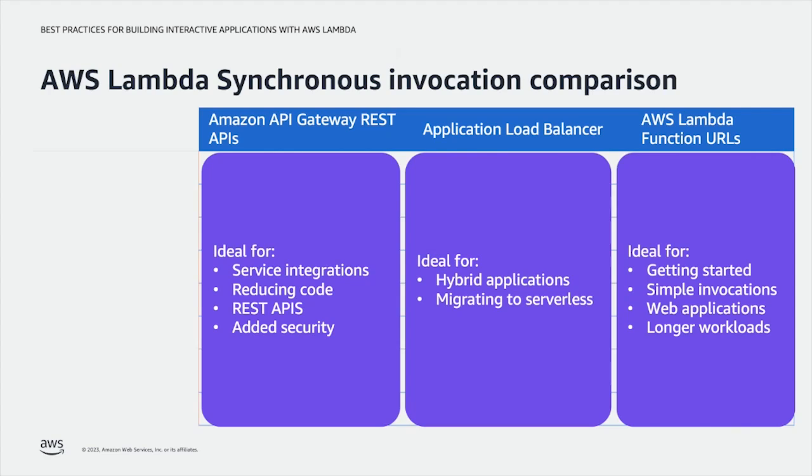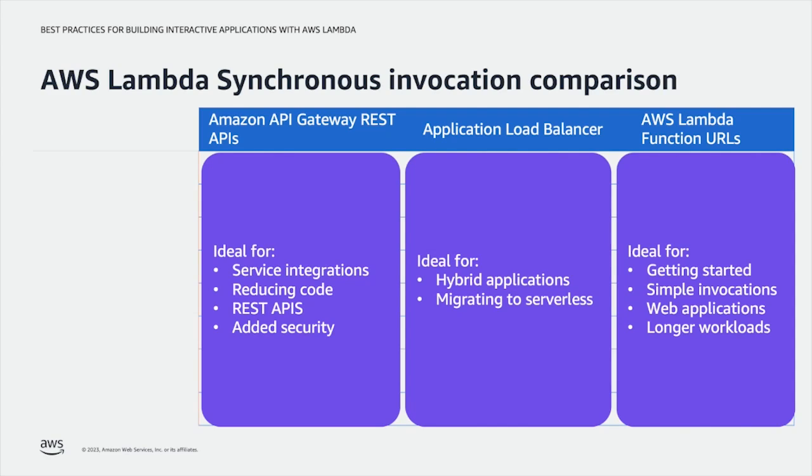So here's my summary for you. I would say use API Gateway for the direct service integrations to reduce code, because you can add that routing logic into API Gateway and not in your function code. You can build both REST and WebSocket APIs, and you have additional security around accessing your business logic.